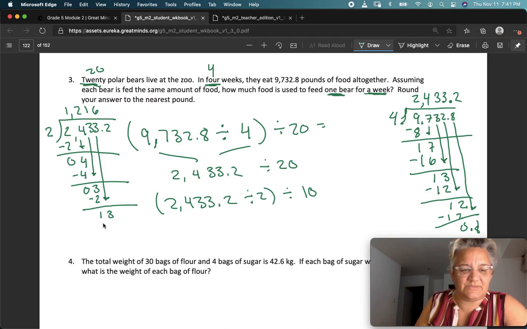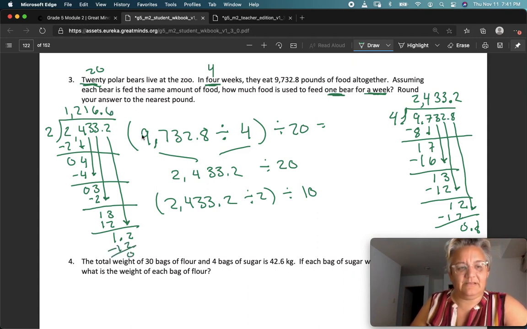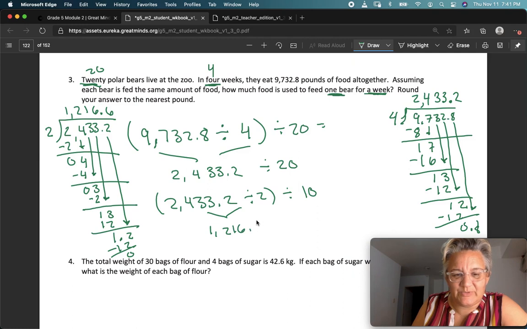6 times 2 is 12. Then I have 1.2 left over. And 2 will go into 12 tenths 6 times, right? So now this number is 1,216.6 divided by 10.